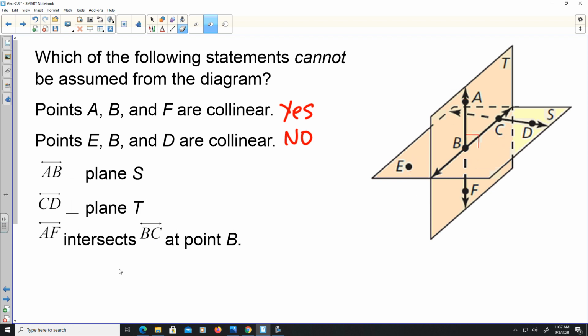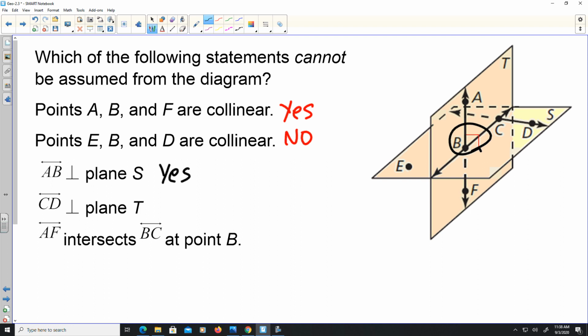The next statement is: is line AB, which is right here, perpendicular to line S? Well, if you notice here, they've got that 90-degree mark. Because they have that 90-degree mark, yes, I can assume that those are perpendicular.